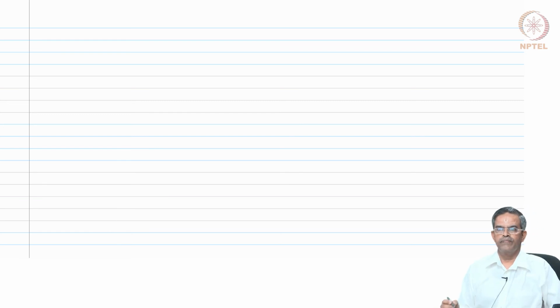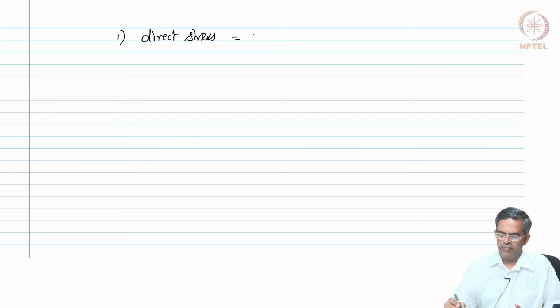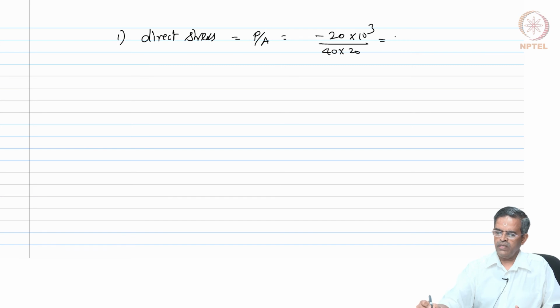Let us try to find out the direct stress. What will be the direct stress if you do not apply a curved beam concept, which will be simply P by A, which will be minus 20 into 10 power 3 by 40 into 20, minus for compression.